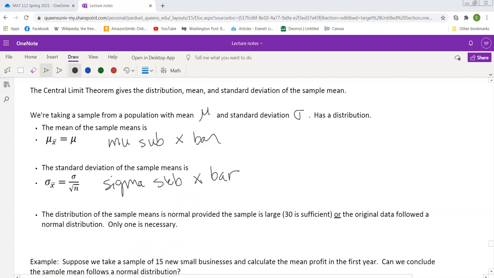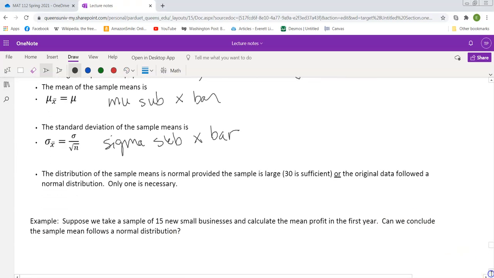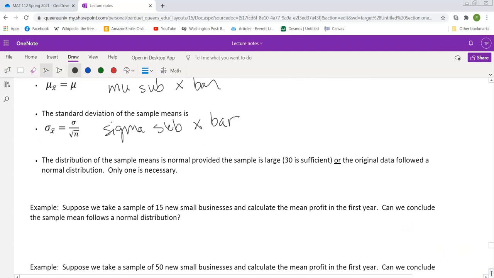So now let's look at an example. Suppose we take a sample of 15 new small businesses, and we're going to calculate the mean profit that they get in the first year.